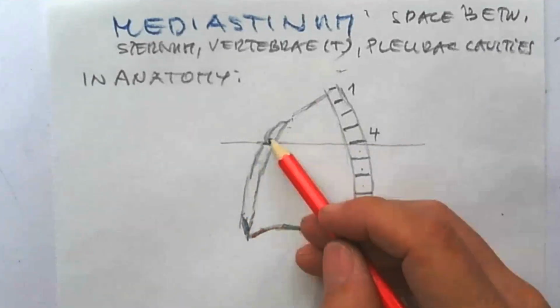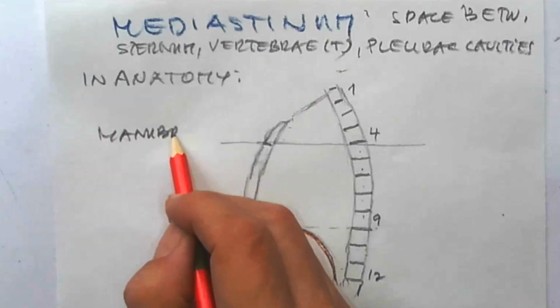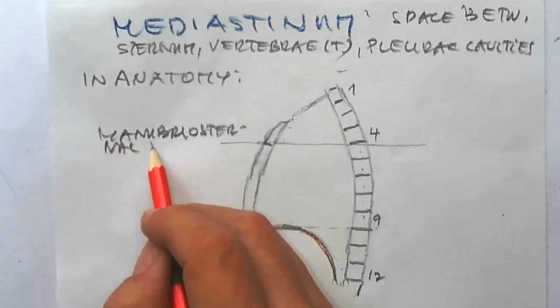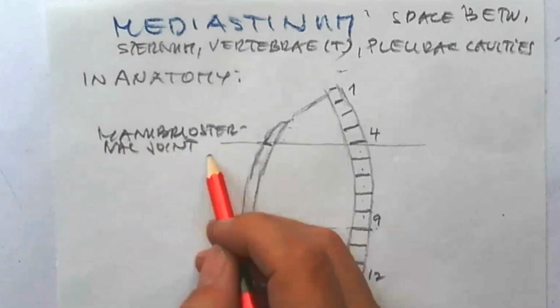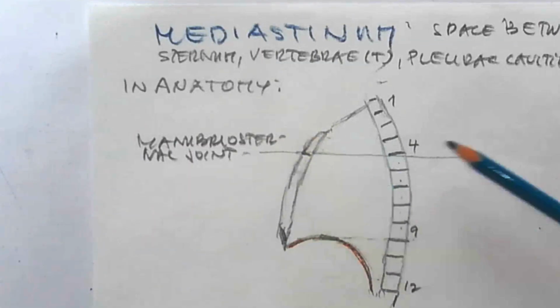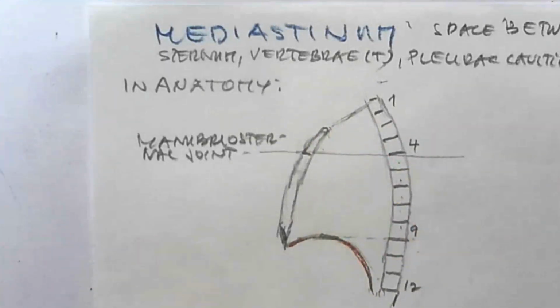Here is the manubriosternal joint. This is in fact a true joint, which can fuse together. I mean, the manubrium and body of sternum can fuse together, and this can be fully ossified.